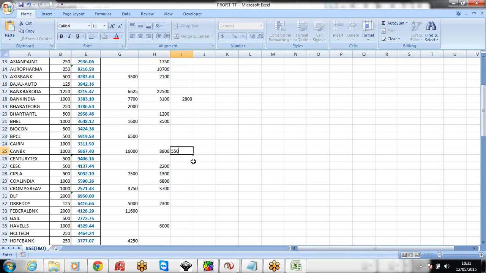That's 5,500 on Canara Bank till now. So your investment is around 5,800. It's nearly 100%.